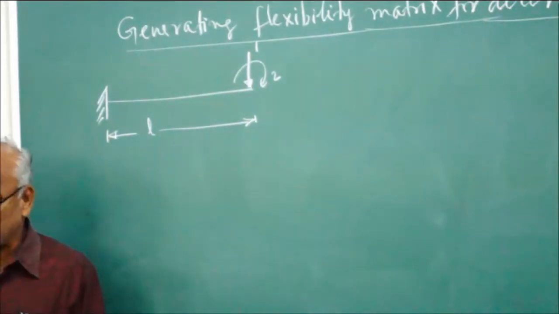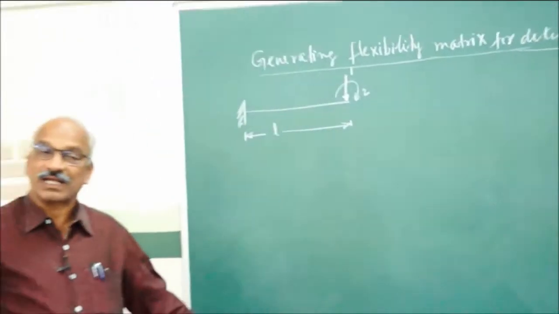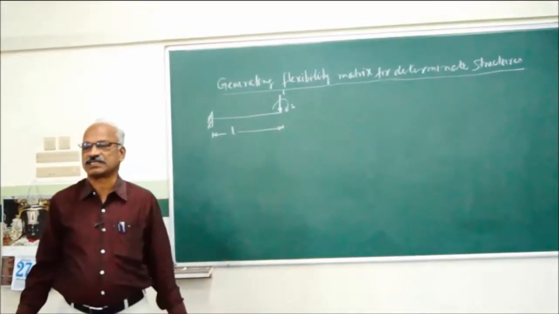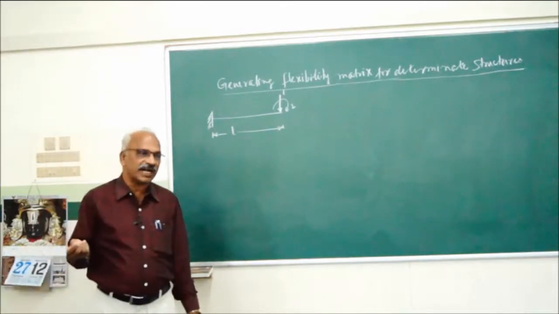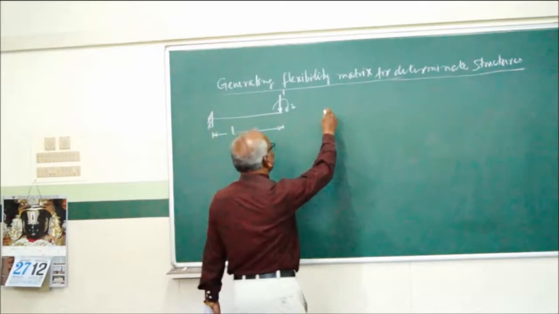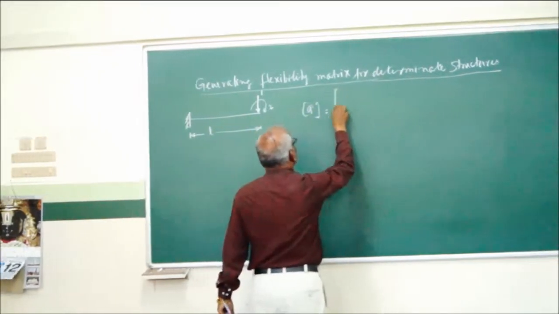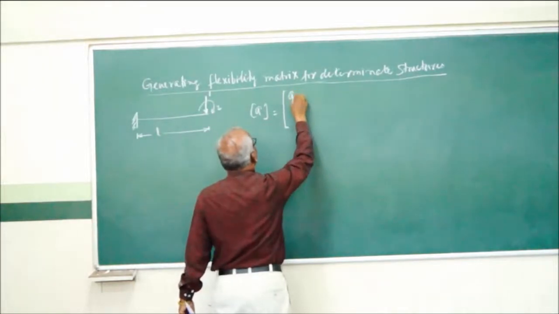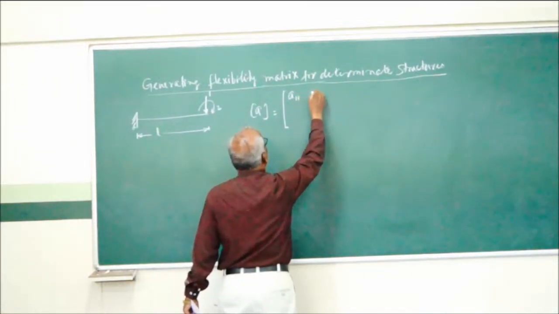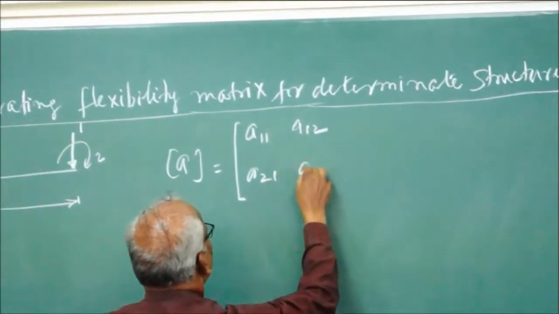So we have to form the flexibility matrix for this. There are 2 coordinates, therefore the size of the flexibility matrix will be 2 by 2. So the matrix will be consisting of 2 columns: A11, A12, A21, A22.